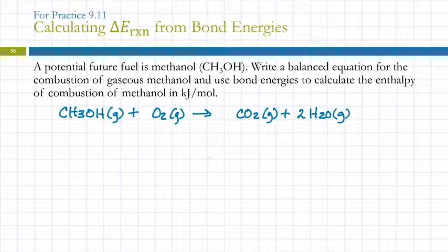So what to do? Well, I could double everything, but I'm going to have to cut everything in half again later because we want to find the combustion in kilojoules per mole of methanol. So we'd really like this to have a coefficient of 1. So what I've got here on the left, I've got 1 oxygen and 2 oxygens. I can multiply this by something. I need 4. What can I multiply 2 by to get 3?